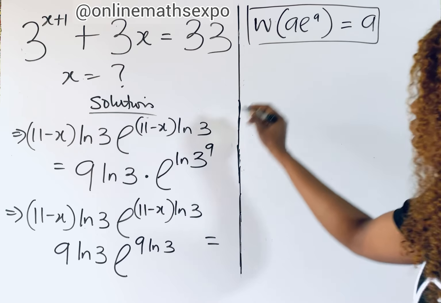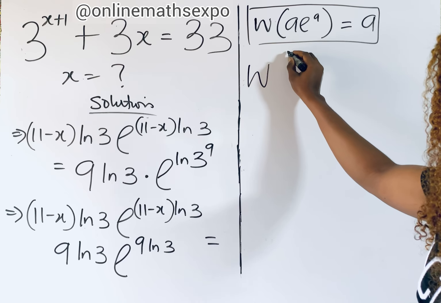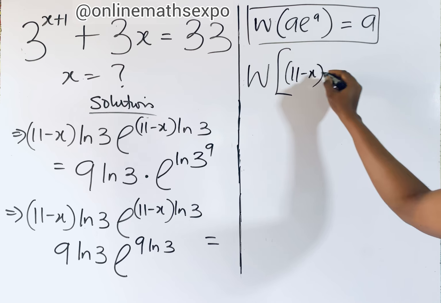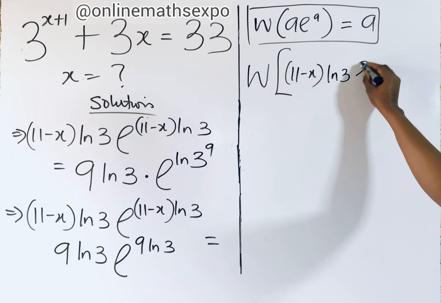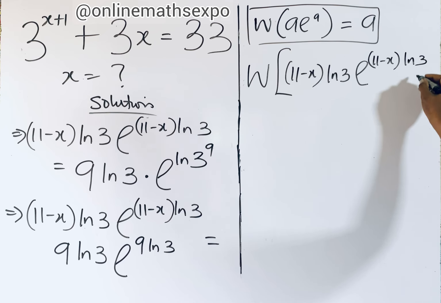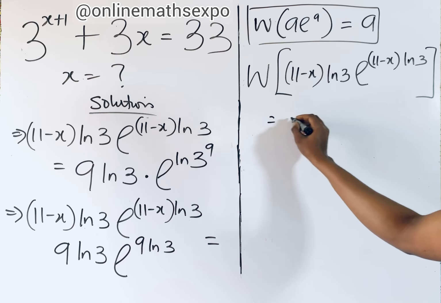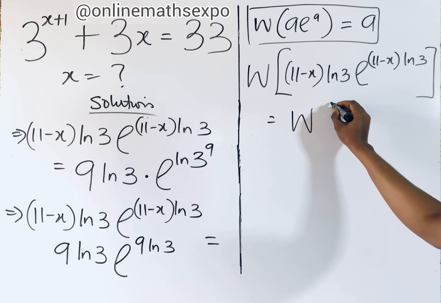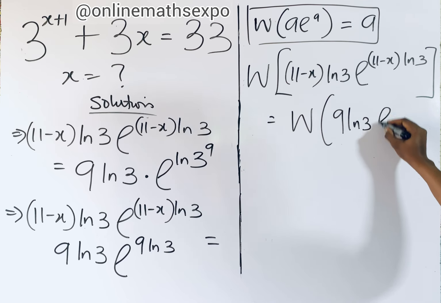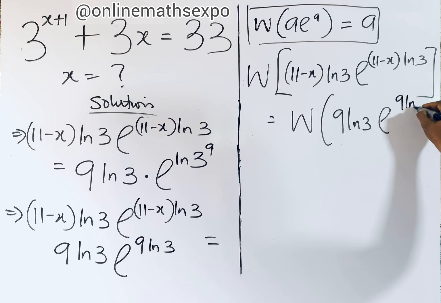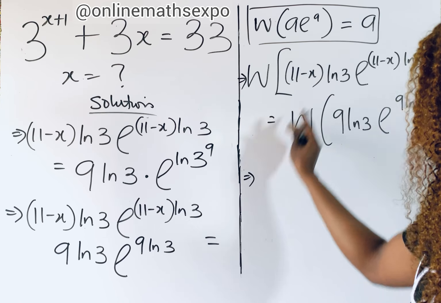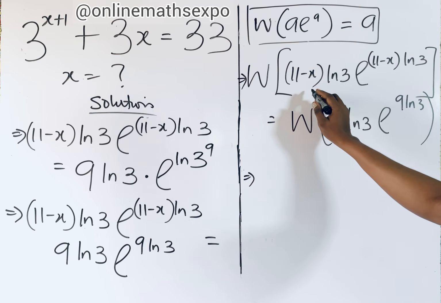Applying it here, we are going to have the Lambert W function of (11 minus x) ln of 3 e to the power of (11 minus x) ln of 3, is equal to the Lambert W function of 9 ln of 3 e to the power of 9 ln of 3.